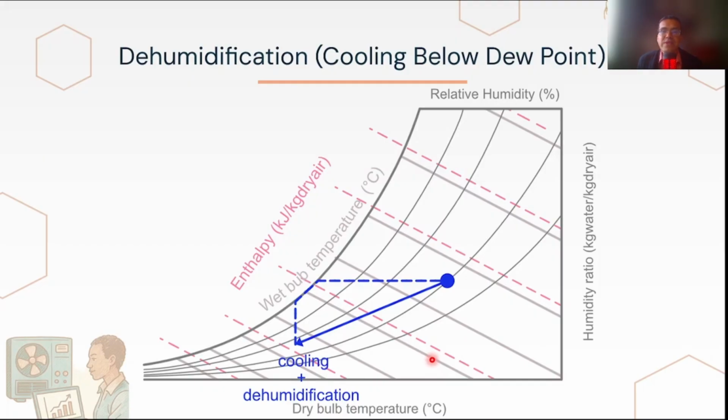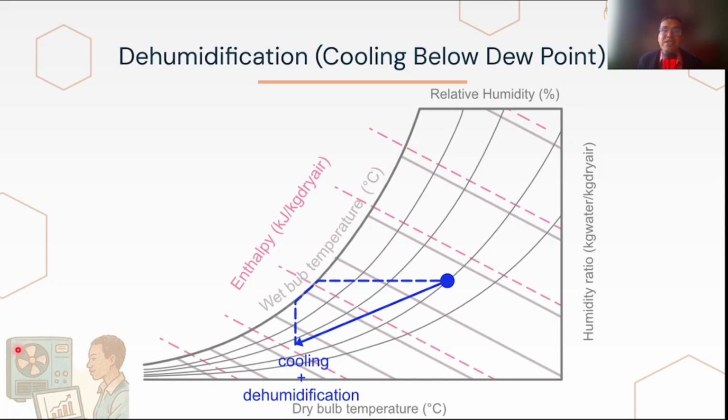For example, in a coastal hotel when warm, moist air enters the system, it first undergoes sensible cooling until it reaches the dew point. As it continues to cool, moisture condenses on the coil surface and is drained away, reducing the humidity level of the air.